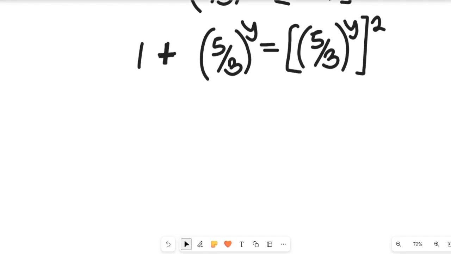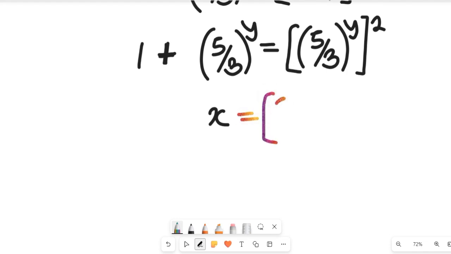So what do we have here? If we look at this expression very well, we can now let the value of our x be equal to 5 divided by 3 all to the power of y.